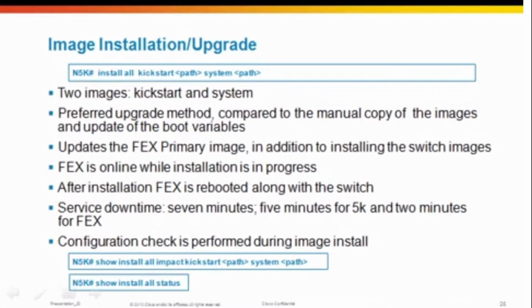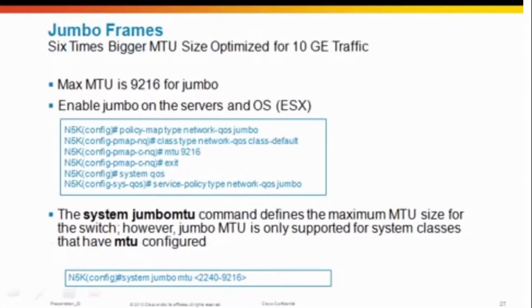Another interesting topic about configuration is jumbo frames. The 5K is a 10 gig switch, and to process larger traffic, enabling jumbo frames helps. Jumbo frames are a 6 times bigger MTU, so it's optimized for 10 gig traffic. The maximum value for jumbo is 9216.